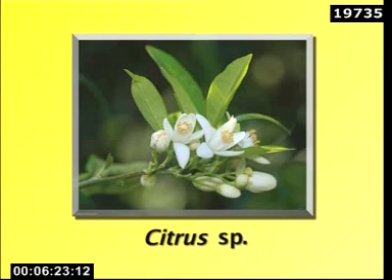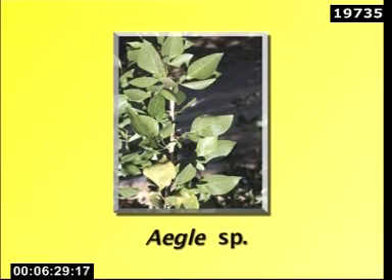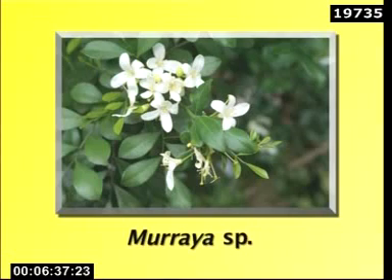The common plants of the family are citrus, which is cultivated for its fruits. Second is the Aegle, leaves of which are obligatory for the worship of Hindu god Shiva. Another genus is Murraya, in which leaves, roots and barks are used for flavoring curries.